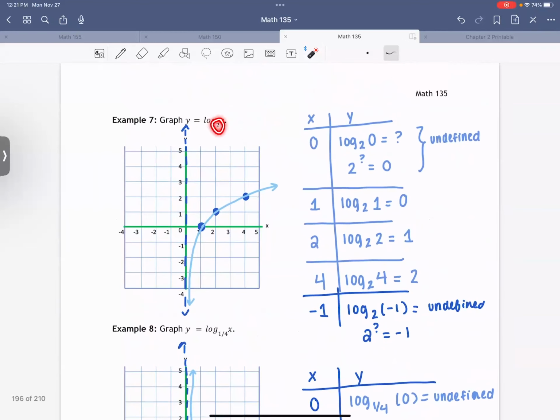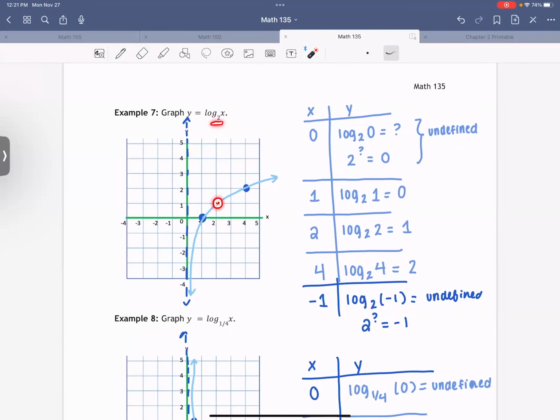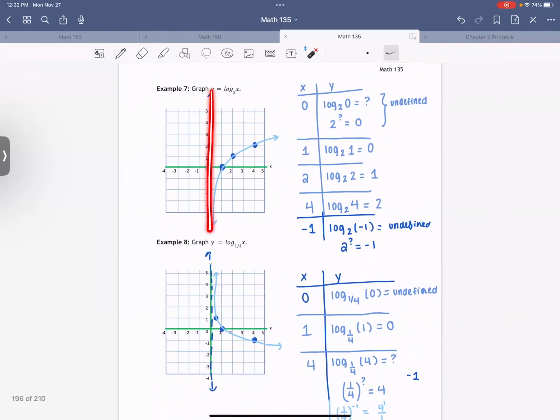The other point kind of depends. So if you have 2 as your base, you're going to have a point at 2. If 3 was your base, the point would be at 3, 4, 5, and so on. Honestly, I would at least start with the asymptote and 1, 0, and then you can plot points based on your x and y chart. And once you plot a couple, then you can just finish up your graph.